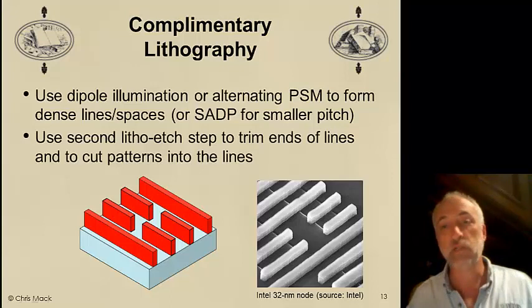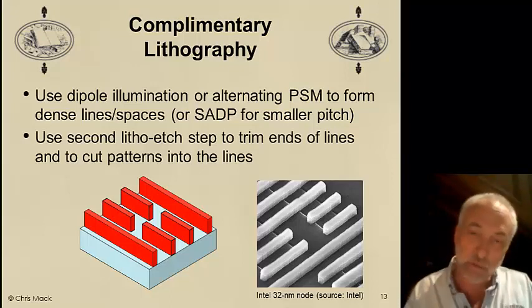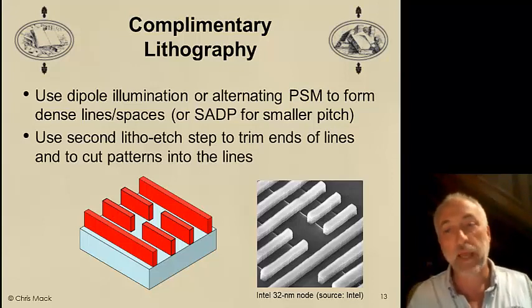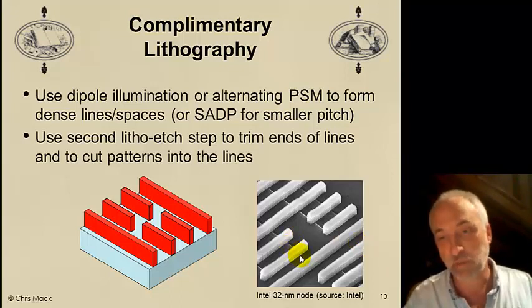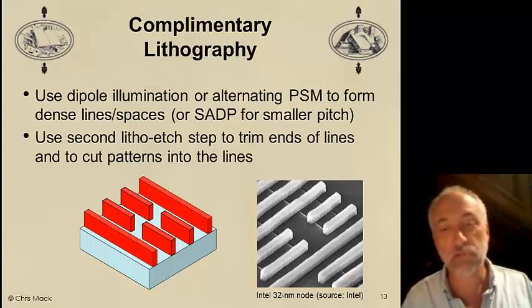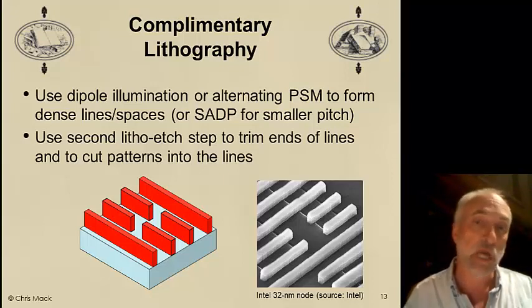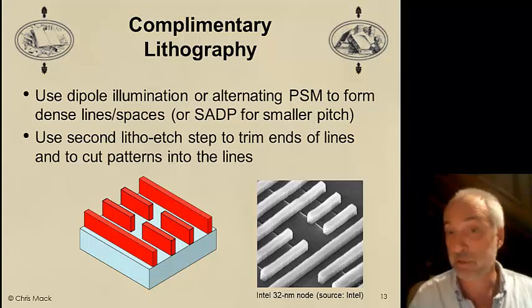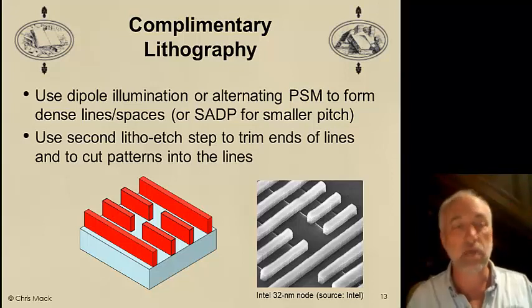Notice that in this approach, they'd have to design their chips so that all the gates are pointing in the same direction, and all the gates have the same width, and all the gates are spaced apart from each other in the same way. That is, there's one pitch. But given this restricted design rule, where we put all of our transistors on a grid, then this complementary lithography approach is probably the easiest way of doing double patterning.